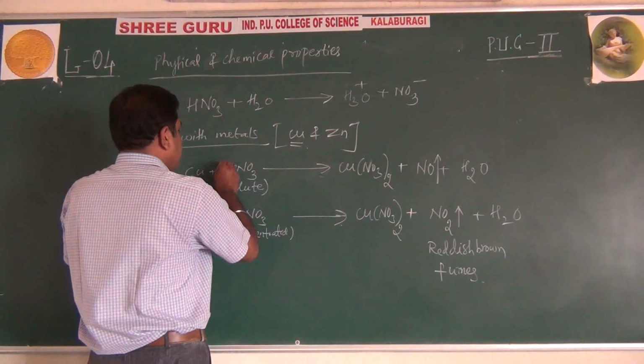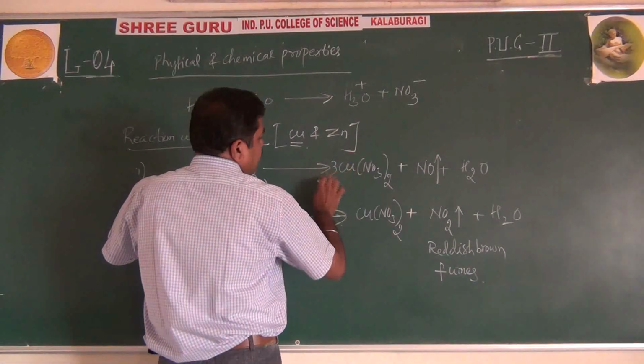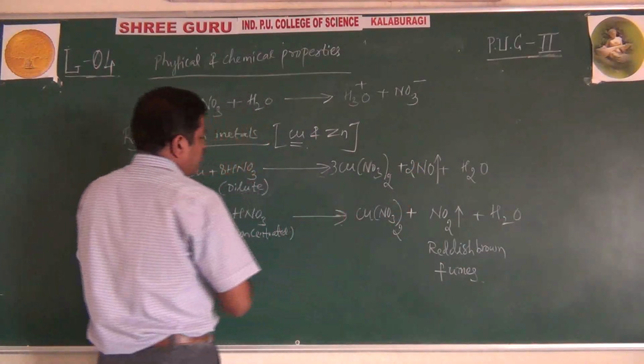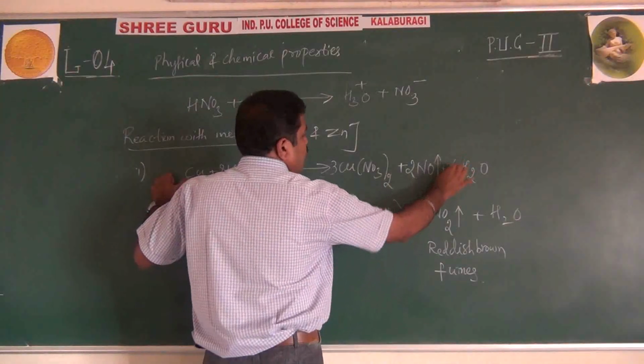Generally, 8 HNO3: to make nitrogen 8, multiply Cu(NO3)2 by 3, that gives 6, plus 2 NO, so nitrogen becomes 8. Lastly, hydrogen: 8 here, so 4 H2O.